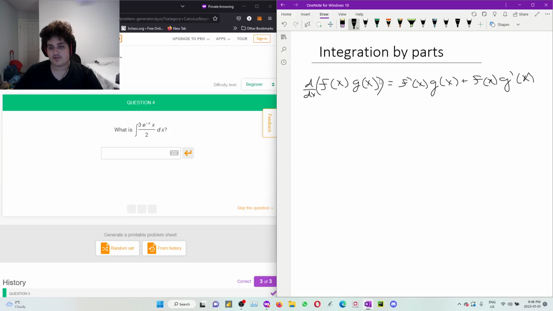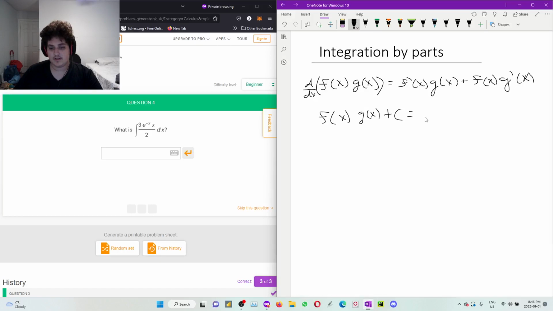From here we can just integrate both sides. When you integrate something that's being differentiated, you just get the original function plus a constant of differentiation, but in this case it doesn't really matter because, well, we can add it for now and I'll discuss why it doesn't matter later.